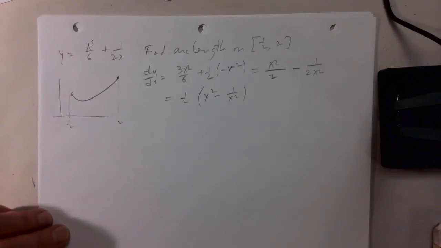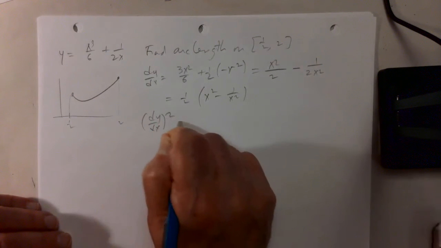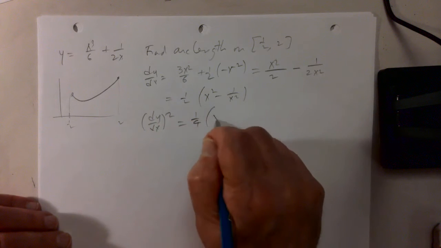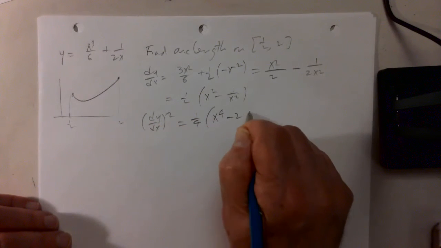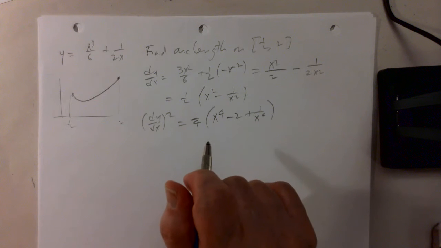Now, in the arc length formula, we need the square of the derivative. So what is the square of the derivative? It's 1/4, and when you square this, you get x to the 4th minus 2 plus 1 over x to the 4th.